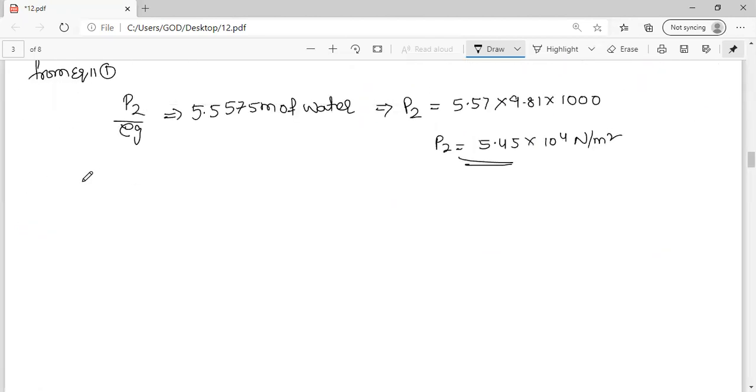So I can resolve the forces acting along x direction. This comes out to be P1A1 at entrance minus P2A2 cos theta minus Fx is equals to mass per second, that means change of momentum, into change of velocity.